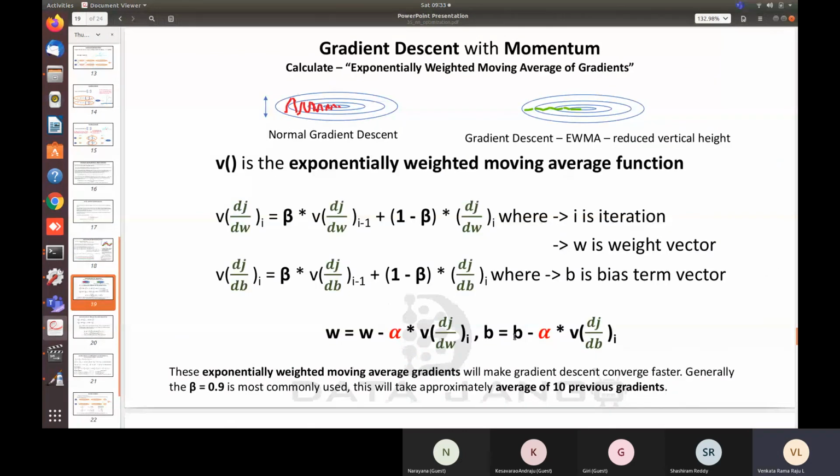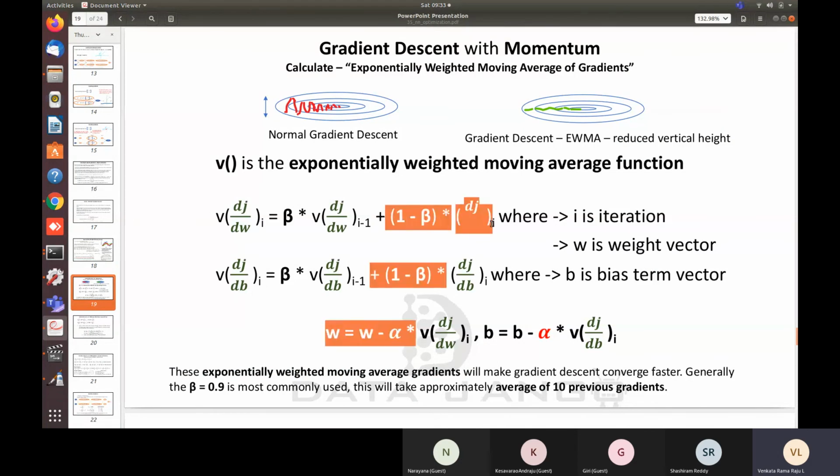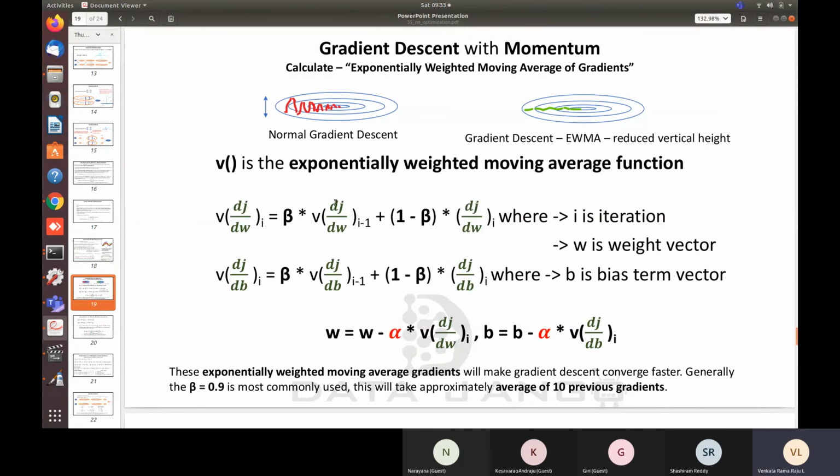When you look at the equation here, this will become 0, and this term will become 0, and this will also become close to 0. This whole term will become close to 0. Then V of the whole thing will become 0, and W will not move. Got it? The previous derivative and the current derivative will also be close to 0 when theta reaches the global minima, right?